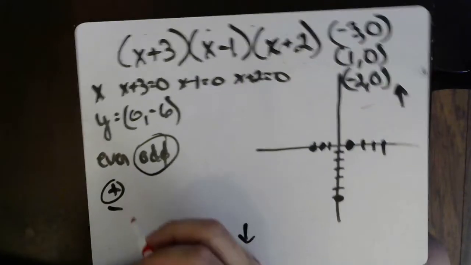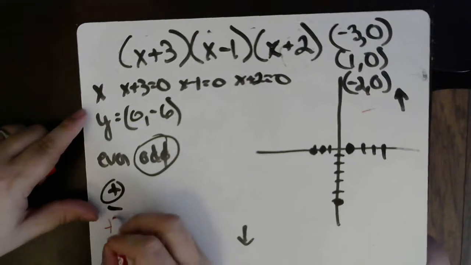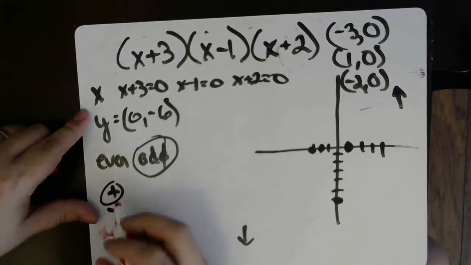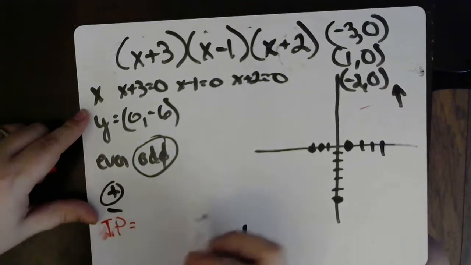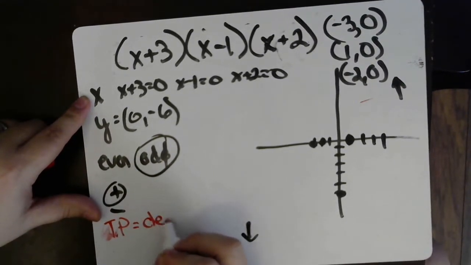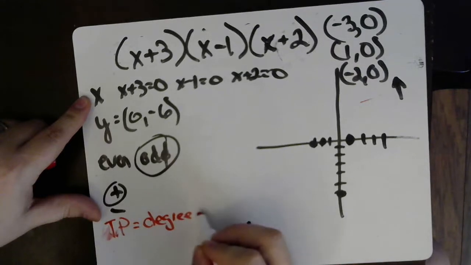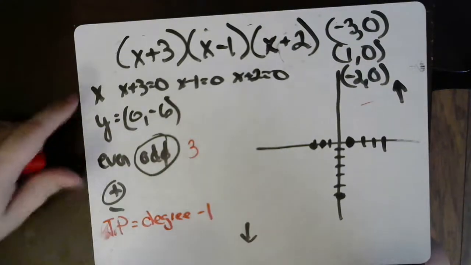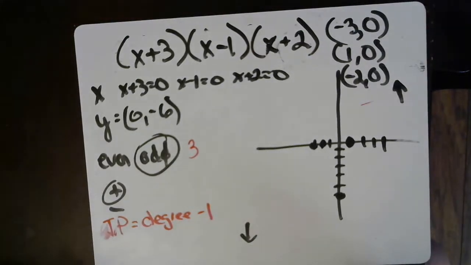And our turning points is always our degree minus 1. Well, what is our degree? We already said it was 3, so it's 3 minus 1, which gives us 2.